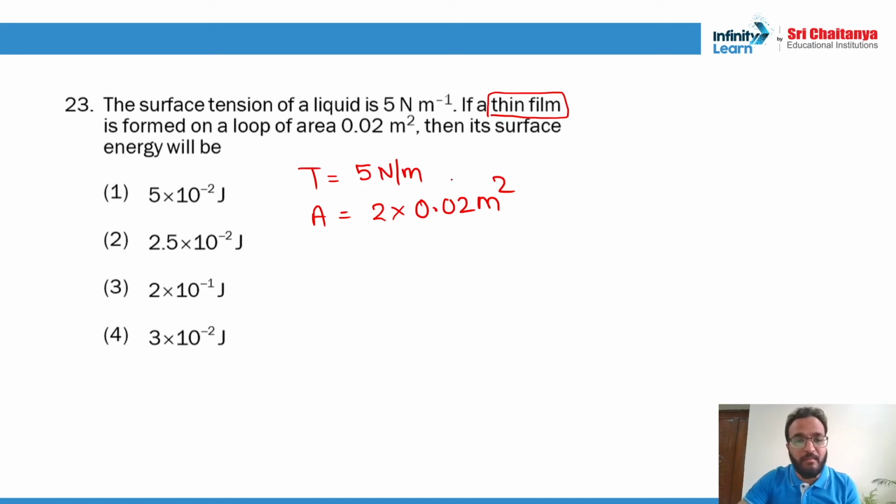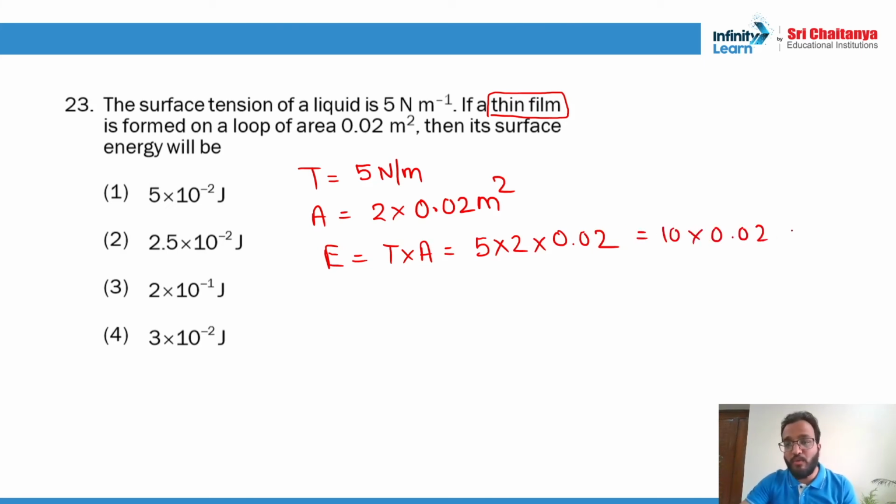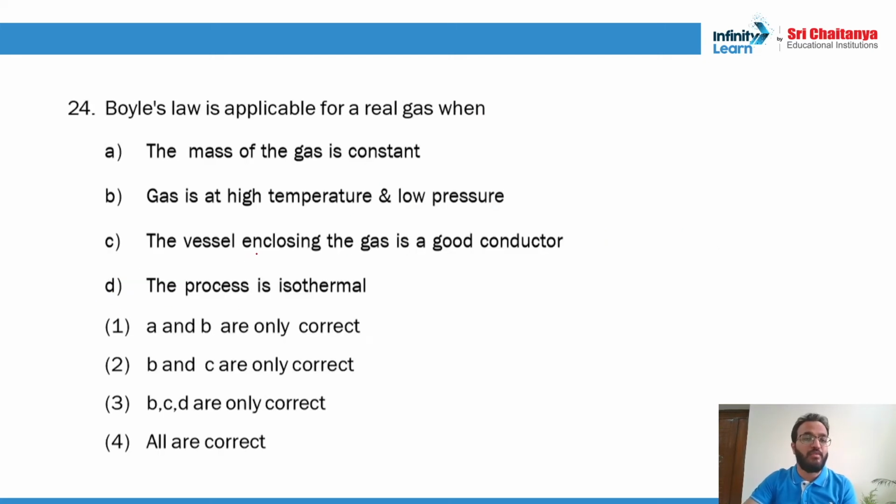It's a thin film, that is why area is double. Now what is surface energy? Everybody knows surface tension into area. So 5 into 2 into 0.02, that is 10 into 0.02, it is 0.2 joules. Got it? That is 2 into 10 to the power minus 1 joules.